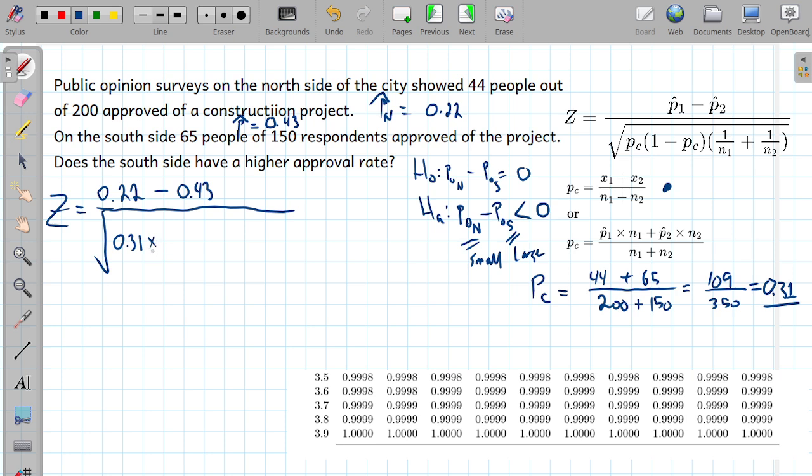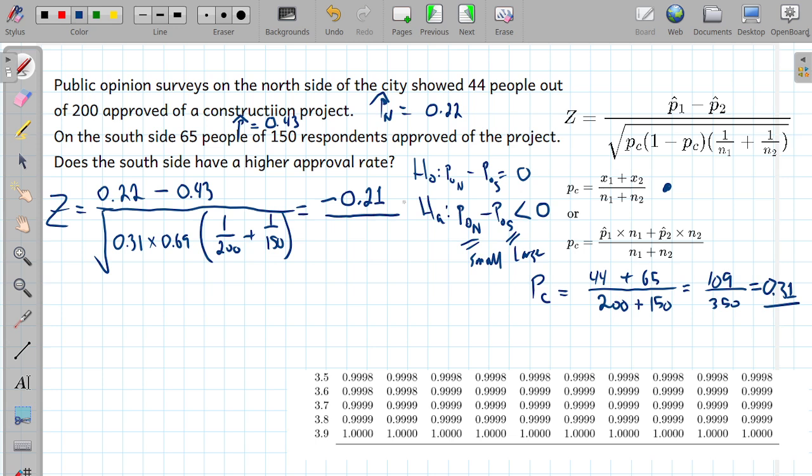Now we got to multiply that by 1 minus, so that's going to be 0.69. And then in brackets, 1 over the sample sizes added. So in the numerator, we have negative 0.21.